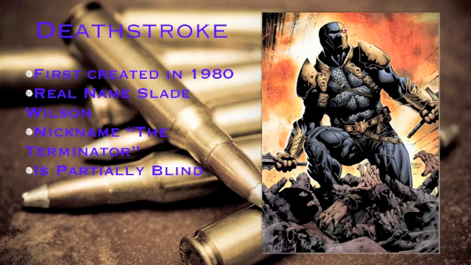So one of the things that makes Deathstroke sort of near and dear to me is because he's partially blind. Now, the reason why he's partially blind is because he was injured in the eye. I believe he was shot in the eye, and that was before he was experimented on and got his regenerative superpowers.